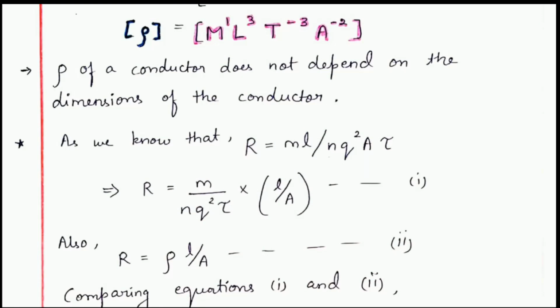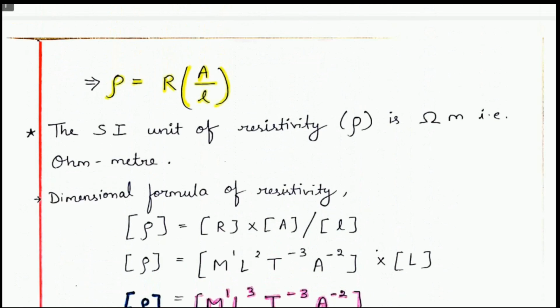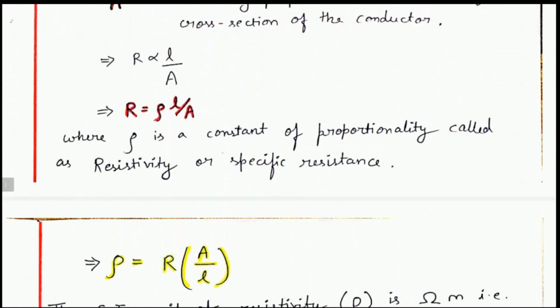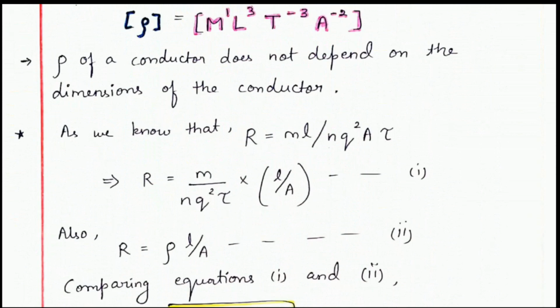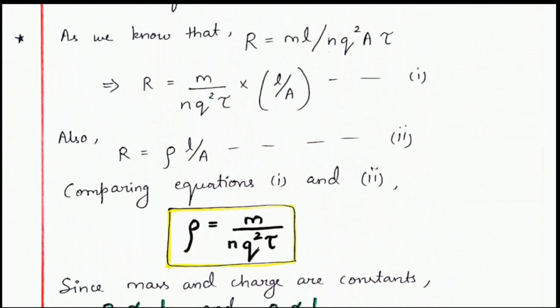If we take L outside from the numerator and A outside from the denominator, we get R is equal to m by n q square tau into L by A. But we also know that R is equal to rho L by A. If we compare these two equations, we get rho is equal to m by n q square tau.